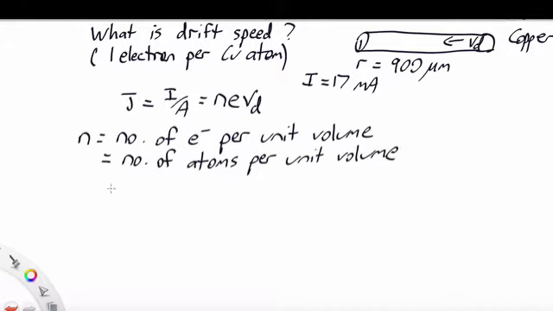Now, just a bit of chemistry here. The number of atoms per unit of volume will be Avogadro's number times 1 over the molar mass times the density.